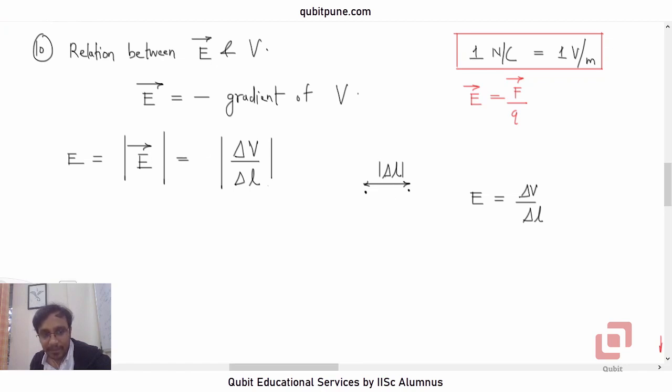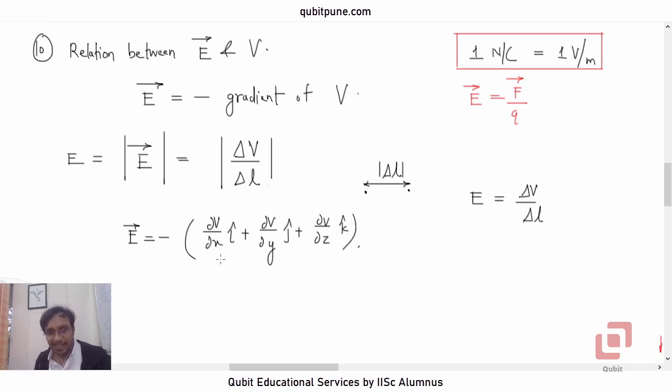Okay, so their actual relationship is: it's the negative of the partial derivative of V with respect to x i cap. But you don't yet know what a partial derivative is, so yes, they are actually a derivative, but V depends on multiple variables, not just x but also on y and z.